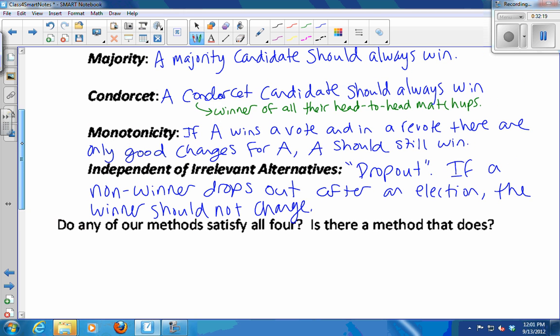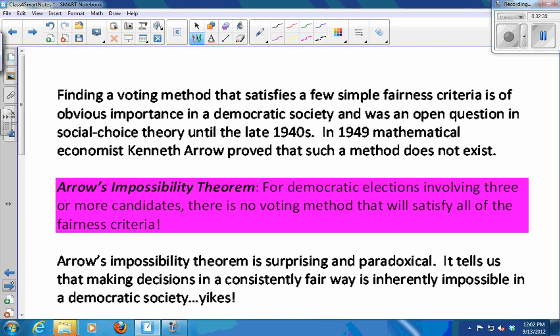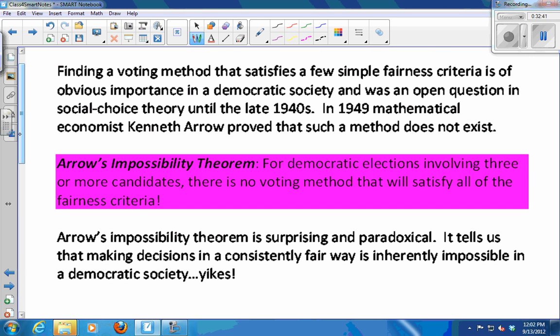All right, do any of our methods satisfy all 4 of these criteria? Nope. Do you think there is a method that does? Nope. So finding a voting method that satisfies a very small list of simple fairness criteria is of obvious importance to us.